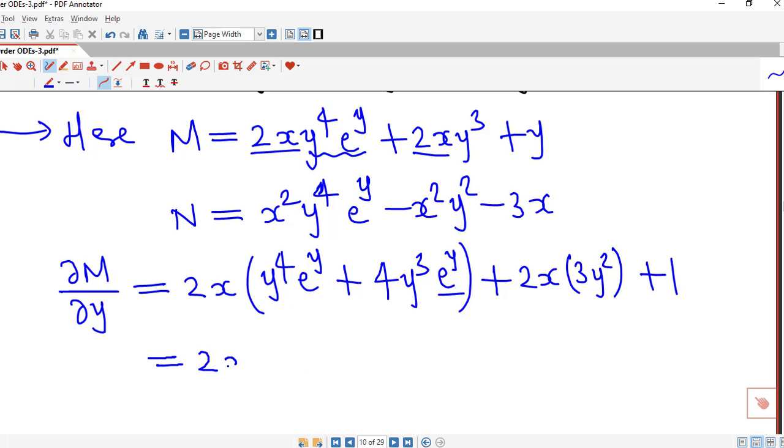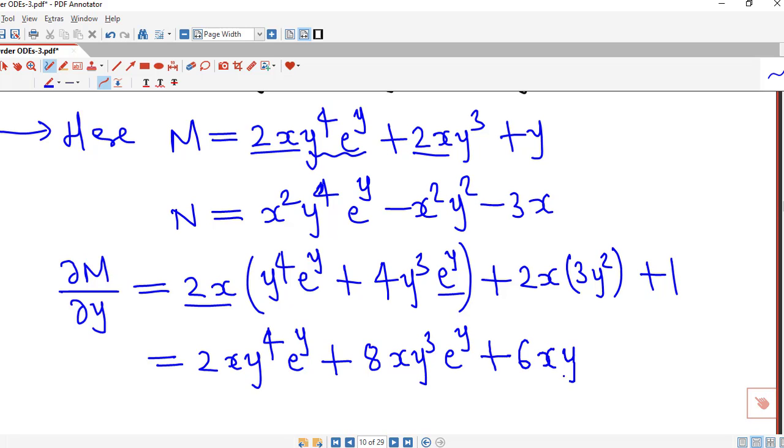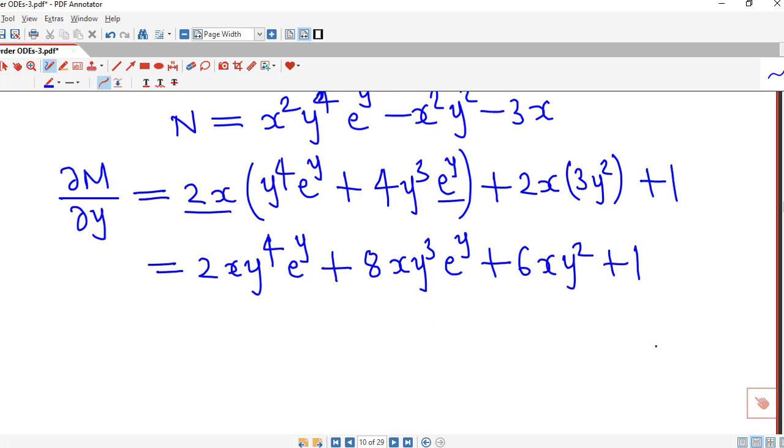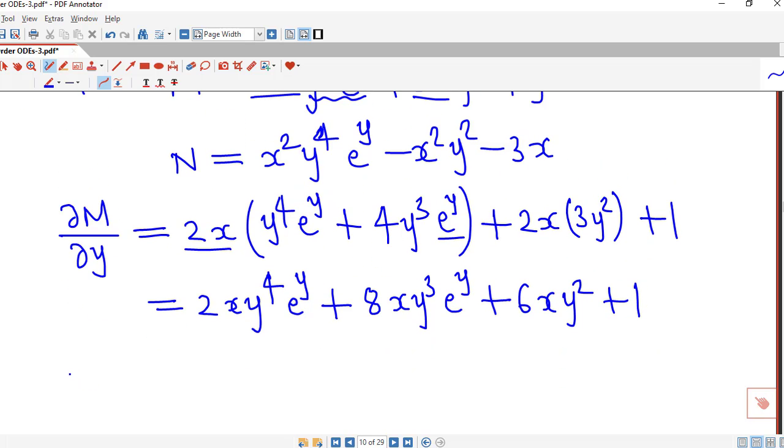We can rewrite this by multiplying with 2x: 2x y raised to 4 e raised to y plus 8x y cube e raised to y plus 6x y square plus 1.